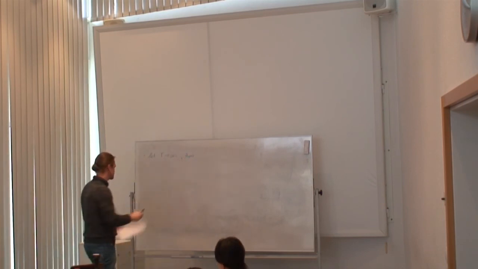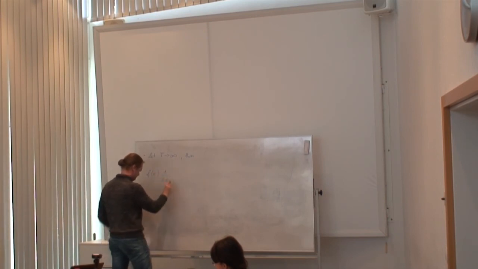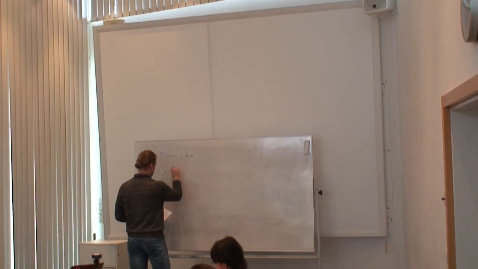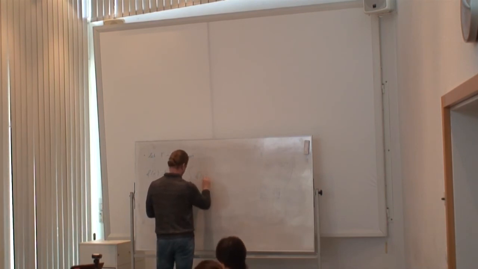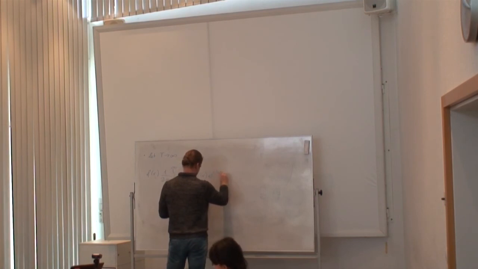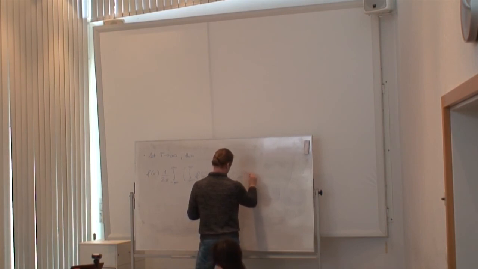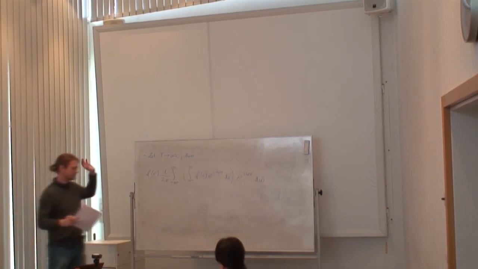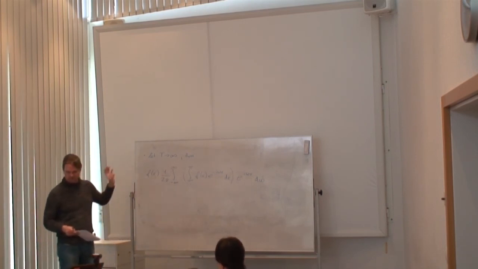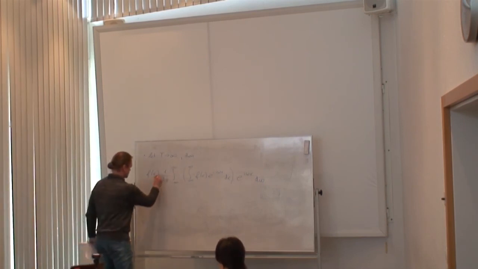Then what I just erased can be written as f of x equals 1 over 2 pi times the integral from minus infinity to infinity of the integral from minus infinity to infinity f of x e to the minus i omega x dx, and that times e to the i omega x d omega. This can be made precise. I'm not doing it. I just say if this grows, then this is what we get. There is an equation sign missing here.